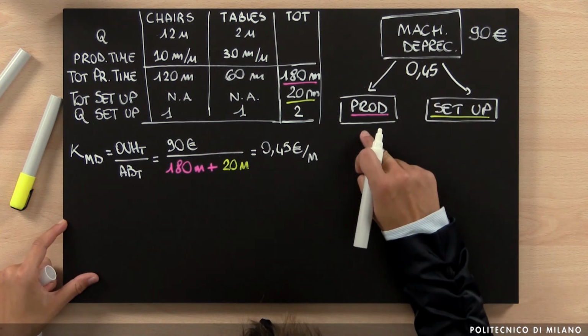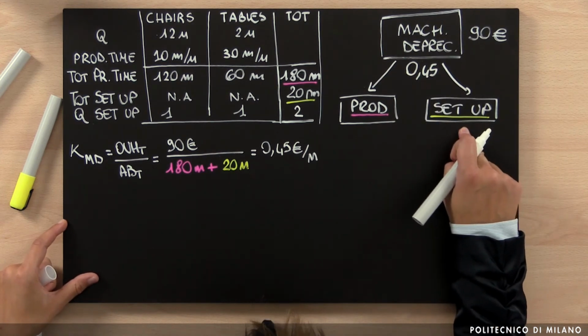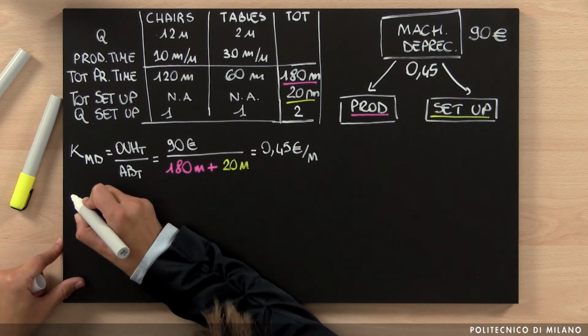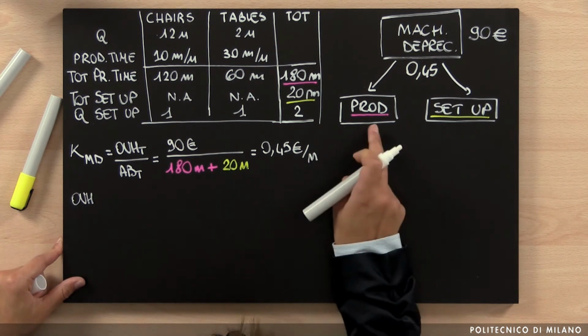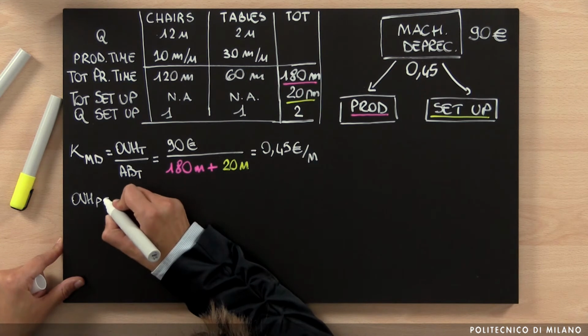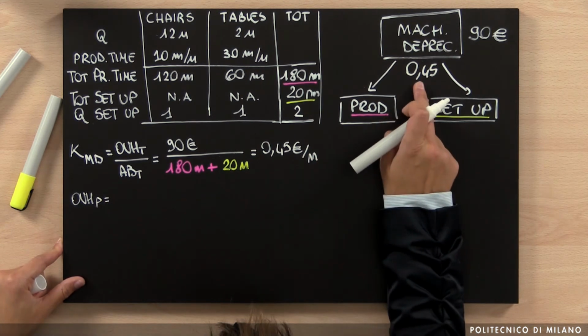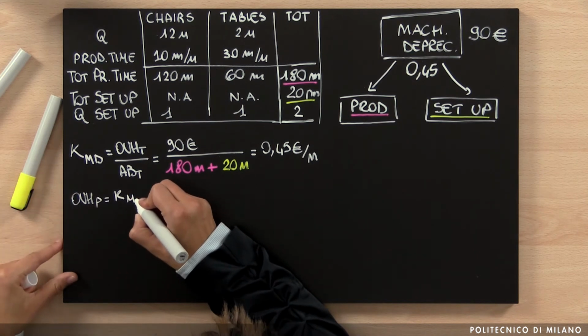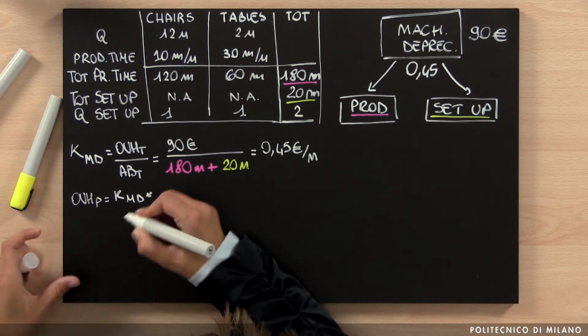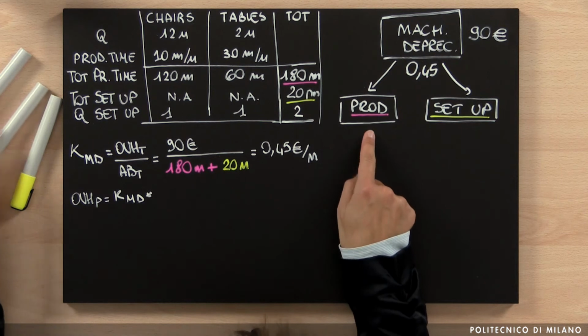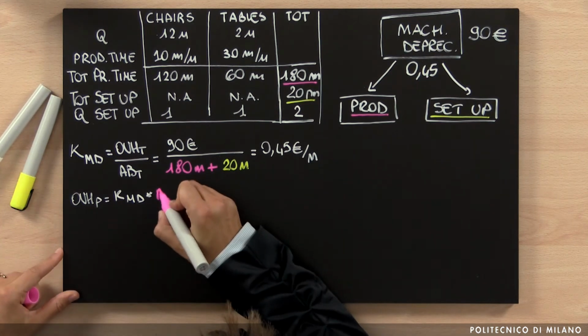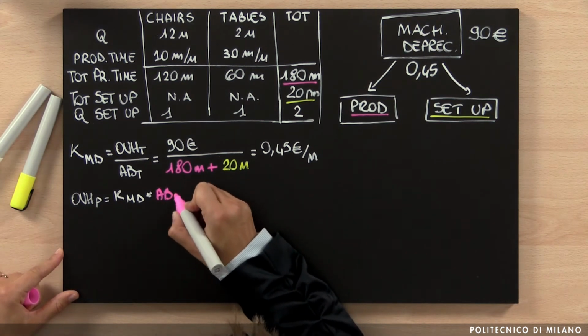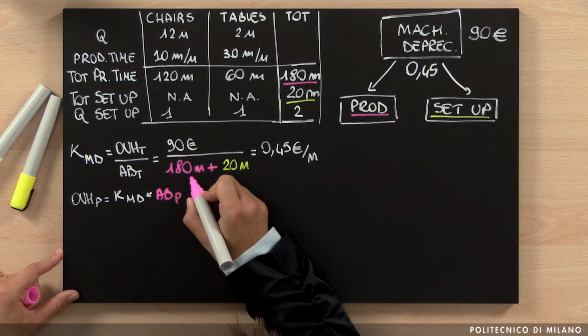Now, if we want to calculate the cost of the two different activities, so the overhead which is assigned to our production, we need to multiply our K, the K of the machine depreciation, by the allocation basis of the production. And the allocation basis of the production is exactly 180 minutes.